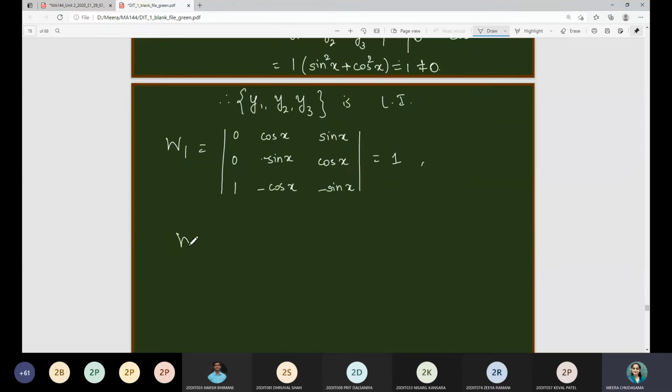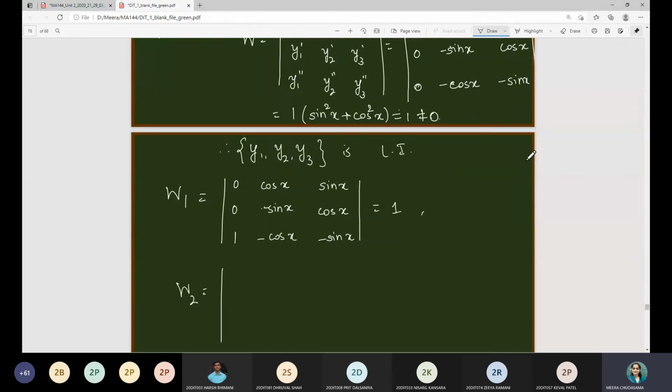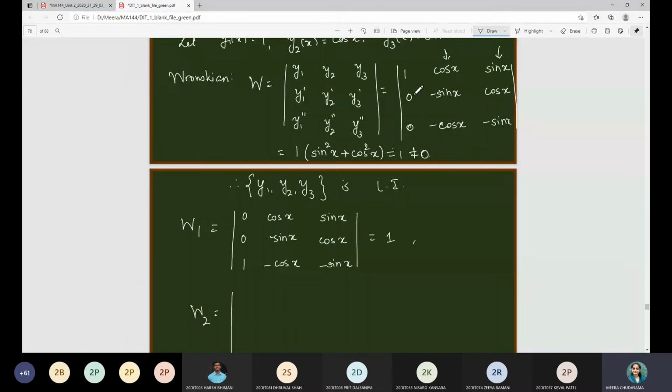What will be W2? From the Wronskian, the first column will be as it is, 1, 0, 0, the second column will be 0, 0, 1, and the third column will be as it is, that is sin x, cos x and minus sin x.